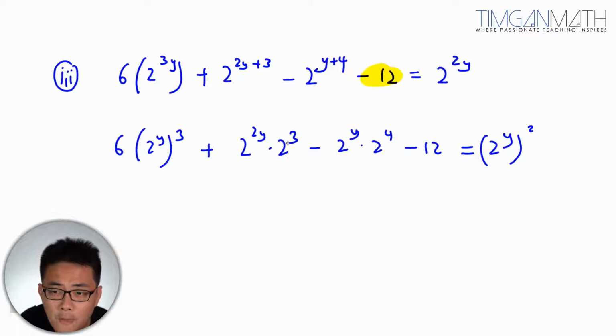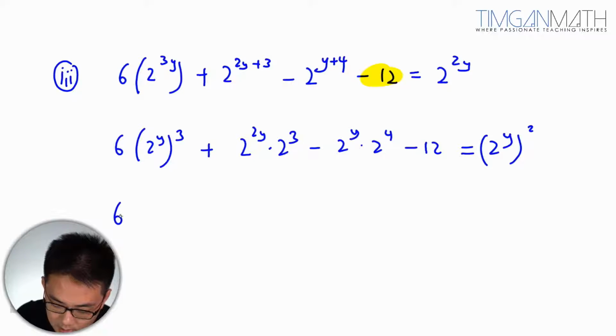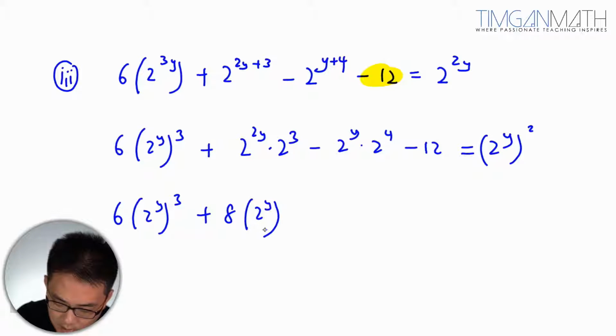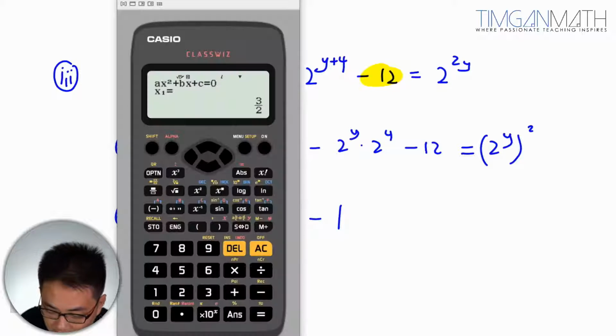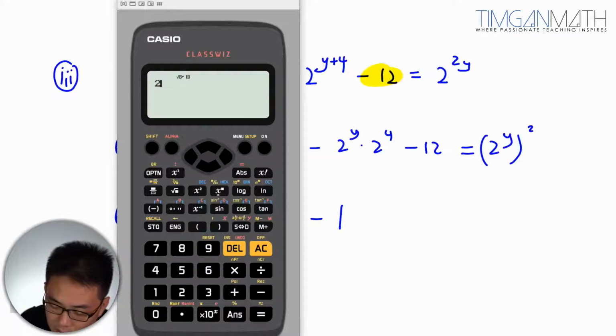This is 2 cubed, so this is 6 times 2^(3y) plus 8 times 2^(2y). This will be negative: 2 to the power 4 is 16. Just key it into the calculator if you're not sure, and make sure it's not 8.